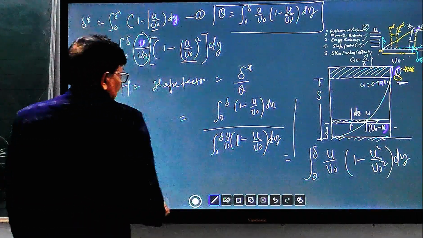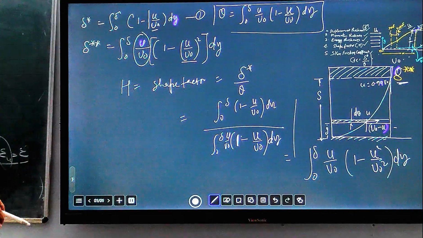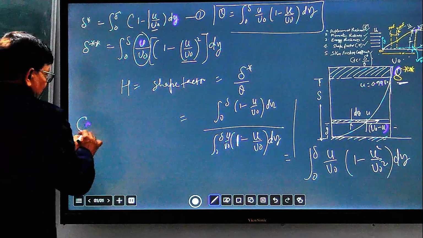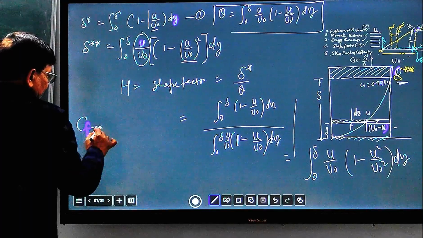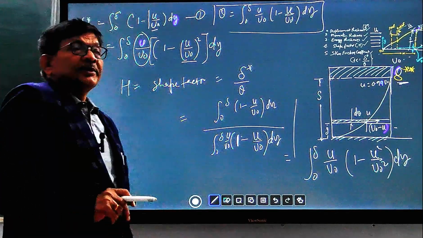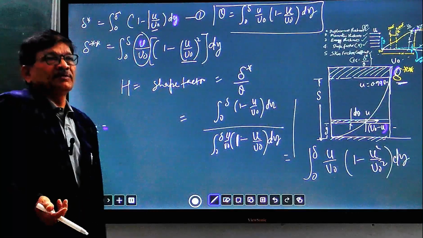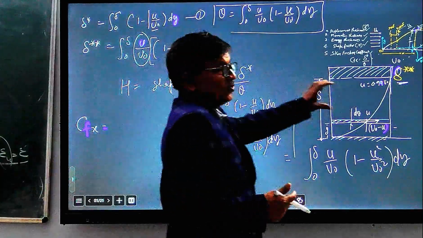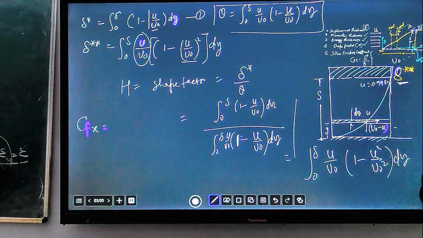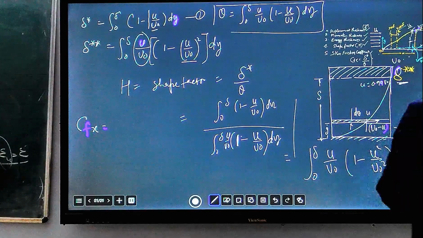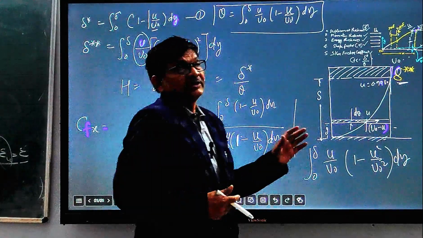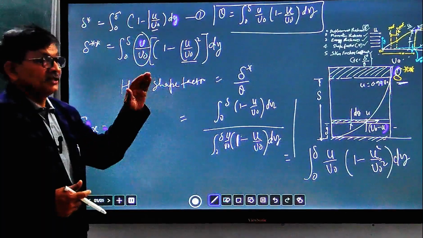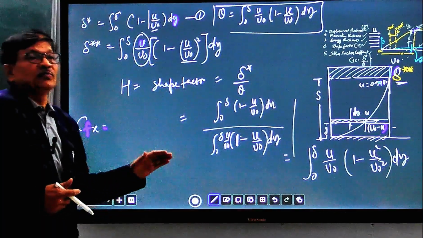Next one is the skin friction coefficient CF. It is the ratio of wall shear stress to dynamic pressure, because when fluid flows over the surface of the object, it will create skin friction. Wall shear stress is known as tau naught, which means shear stress is maximum at the wall surface.